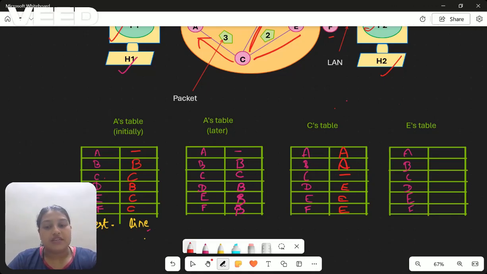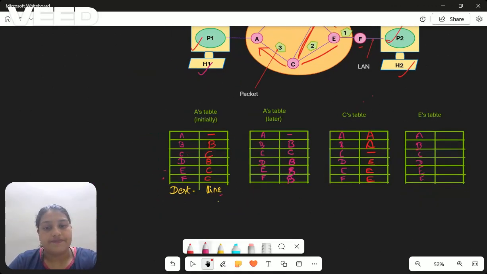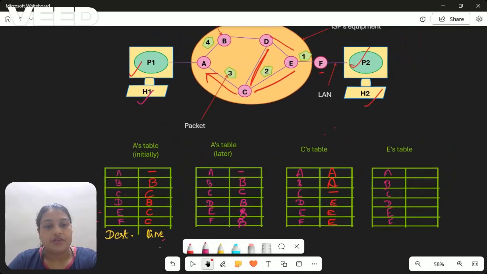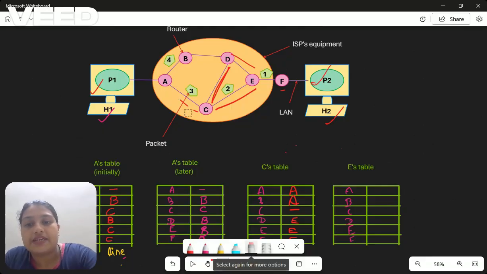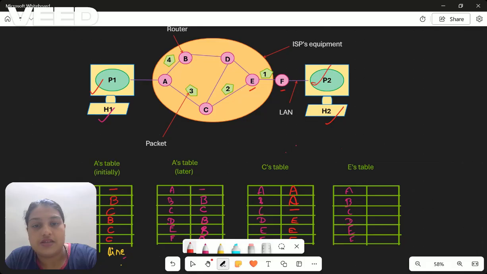Now coming to E stable. Where is the packet starting from? The packet is starting from E. So A means I have two options.